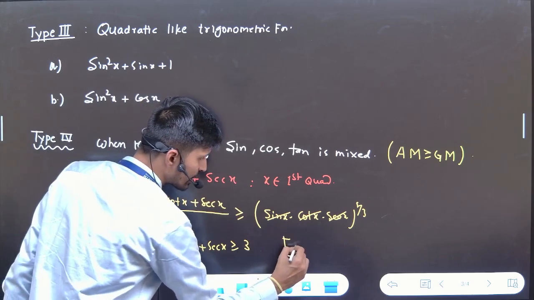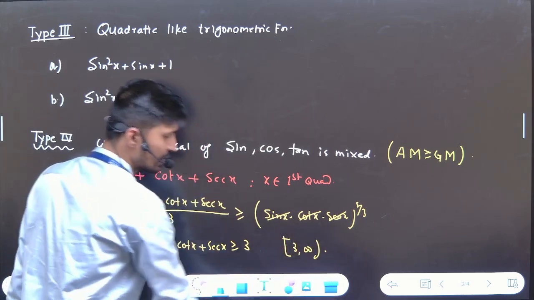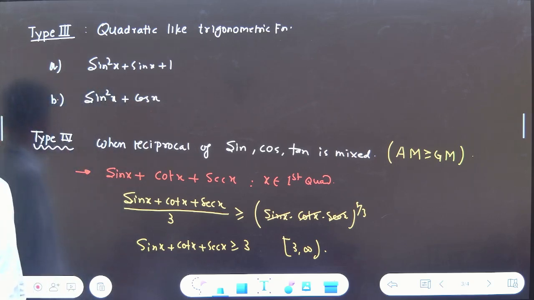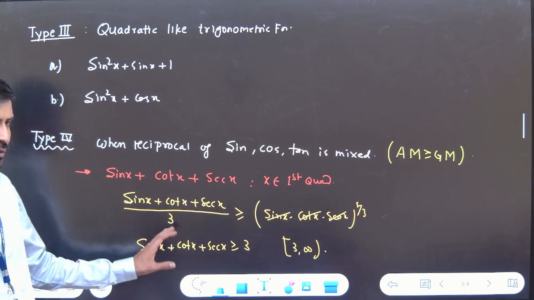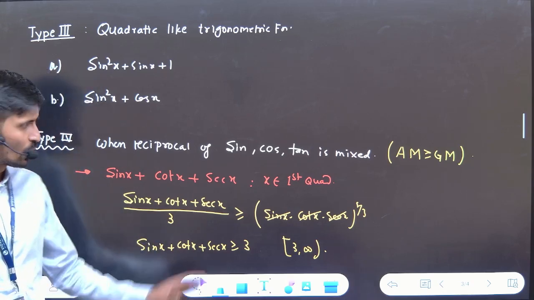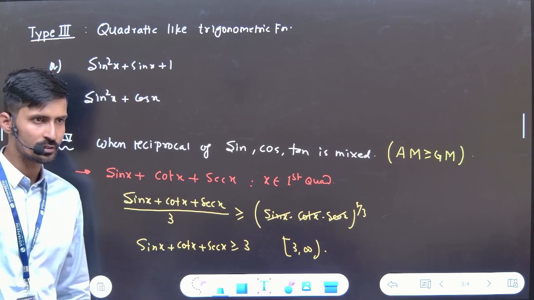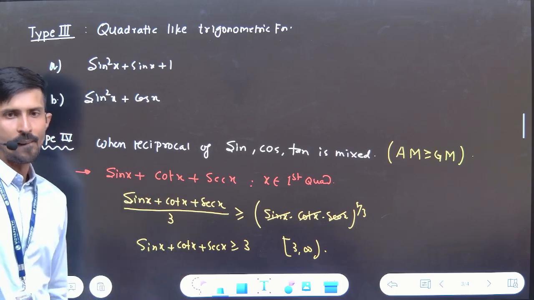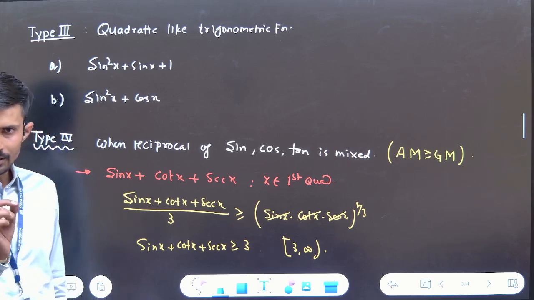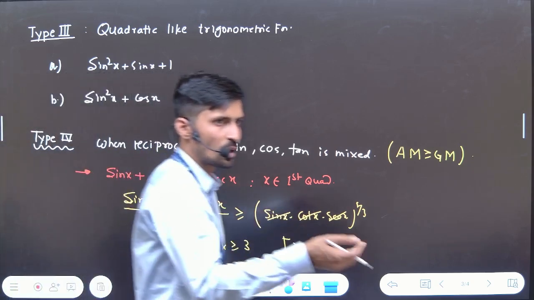Greater than or equal to 3 means 3 to infinity. Understood? If you get this type of question in the exam and you don't know this logic, you cannot solve the question. So you need to understand each and every logic, how to observe the questions.